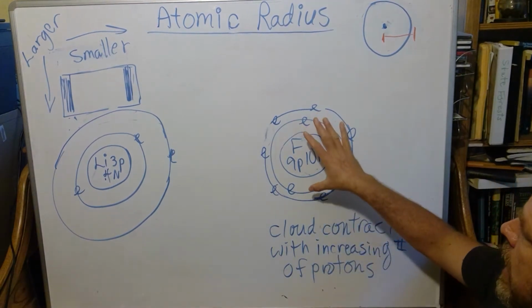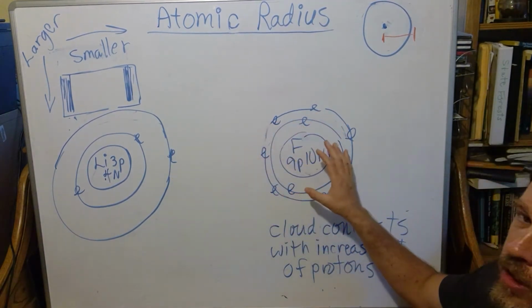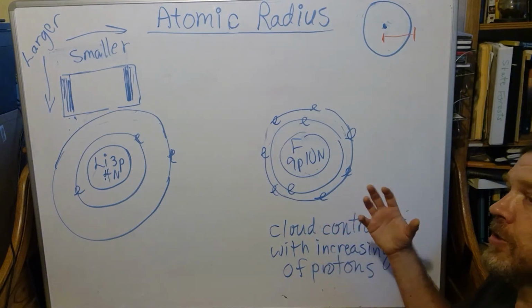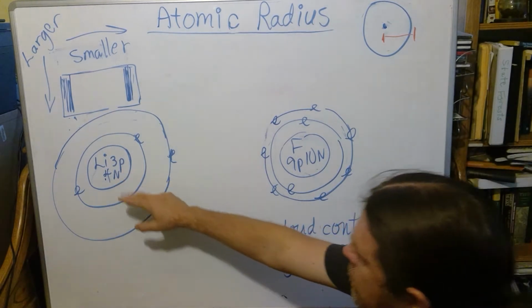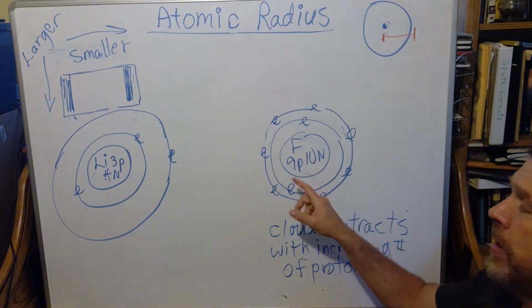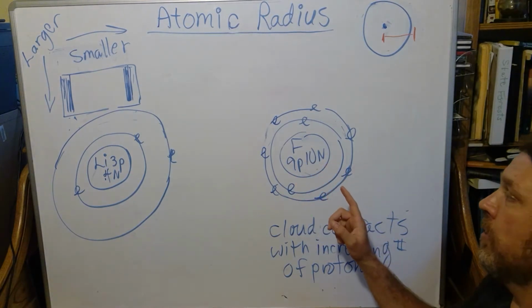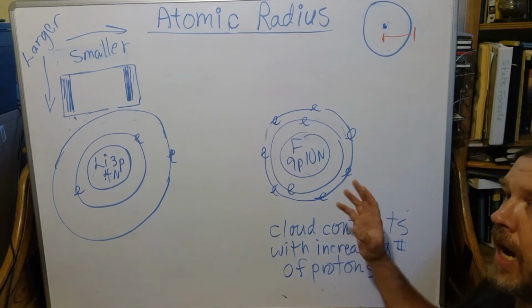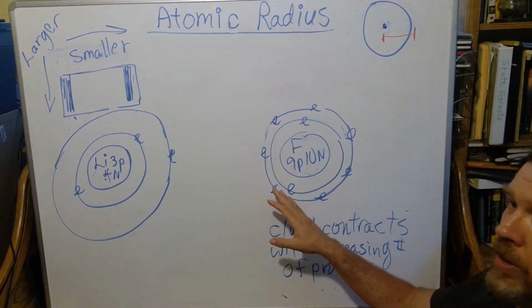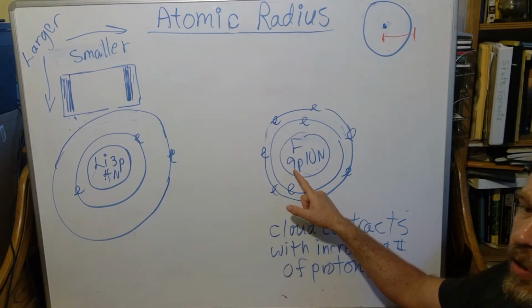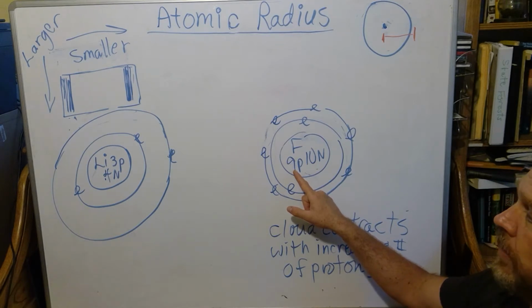So why is it that even though they have the same number of energy levels, fluorine is actually smaller in its overall atomic size? Well, that's because lithium has 3 protons and 4 neutrons in the nucleus, whereas fluorine has 9 protons and 10 neutrons in the nucleus. And we need to remember that the main factor is that opposites attract, and so electrons being negative will feel a stronger positive force pulling on them if the nucleus has more protons.